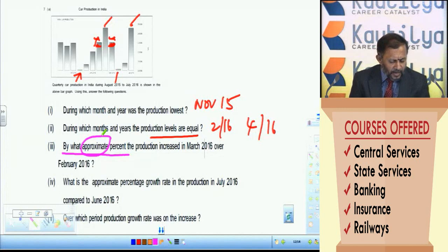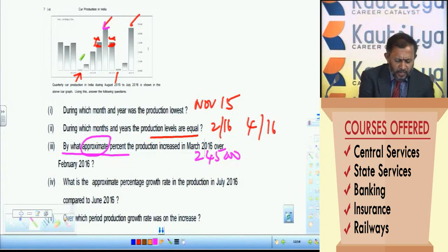By using the data, in the month of March, because it is between 2,40,000 and 2,50,000, we can take it as 2,45,000 in the month of March. In the previous month, that is 2,10,000.